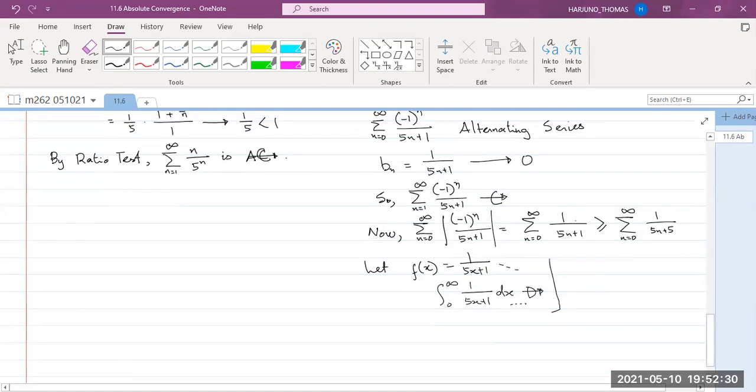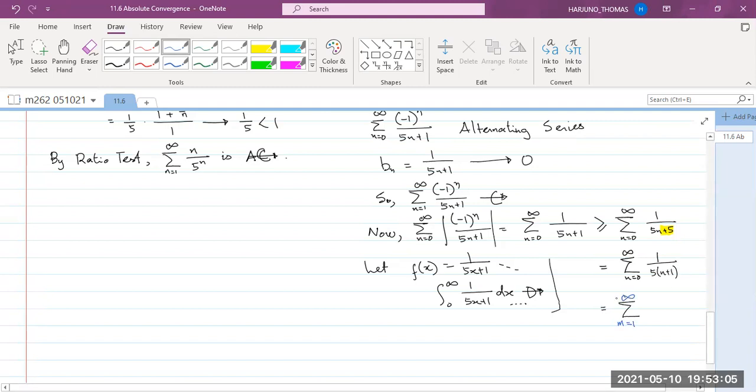Notice that if I divide by a larger number, why do you do that, Thomas? Well, manipulation. Because this is the sum from n equals 0 to infinity of 1 over 5 times n plus 1. I can change that n plus 1 to be m. So instead of n, let me call that m from 1 to infinity instead.